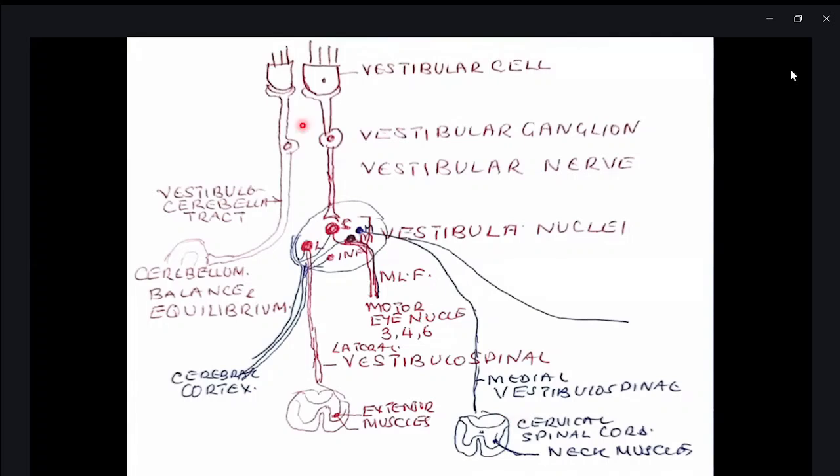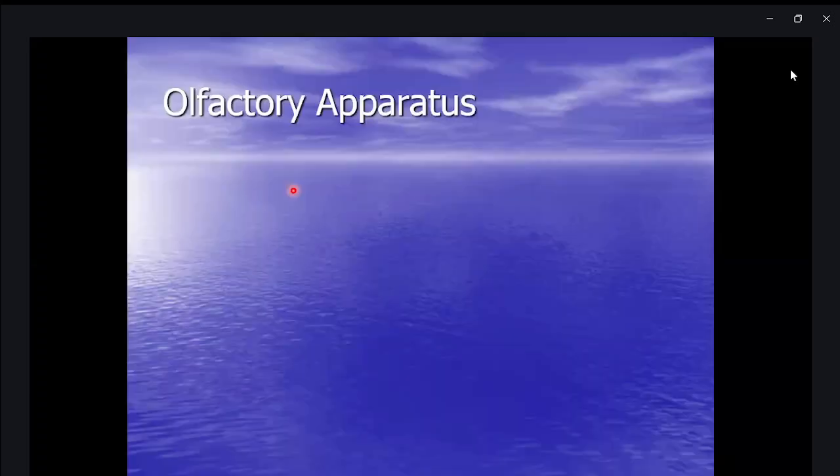And then vestibulocerebellar, direct to the cerebellum, but the cerebellum also gives feedback to the vestibular apparatus. So this is important in our regulation of balance.